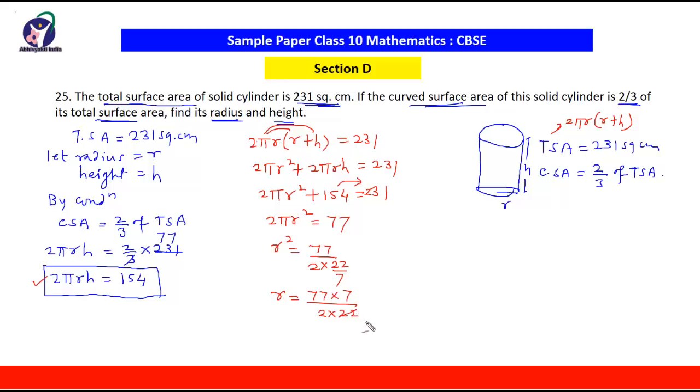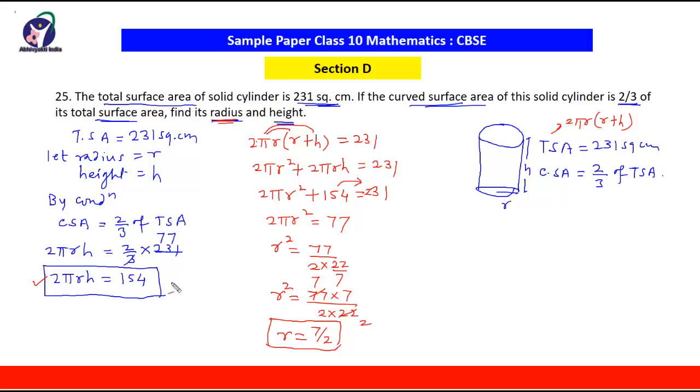So 11 2s are 22, 11 7s are 77, and therefore, taking the square root of both sides, r will be equal to 7 by 2 centimeter. So this is the second step, you have got the value of r, which is asked in the question. Now you have to find the value of h, that is height.